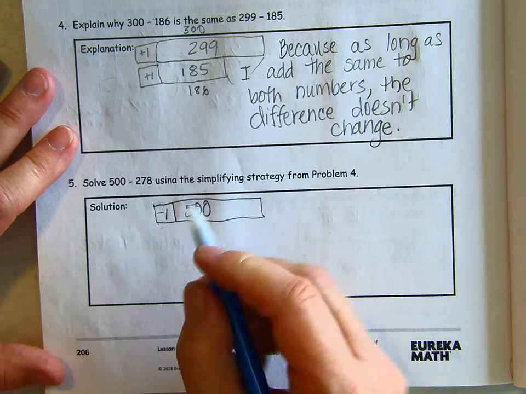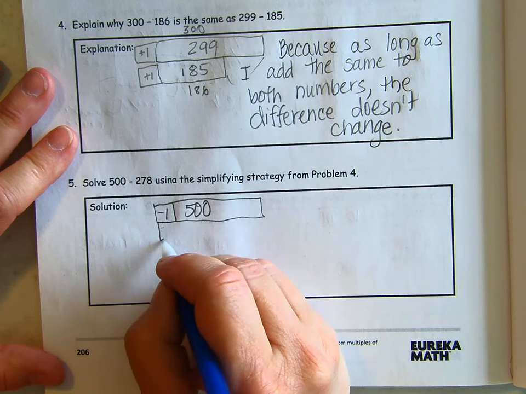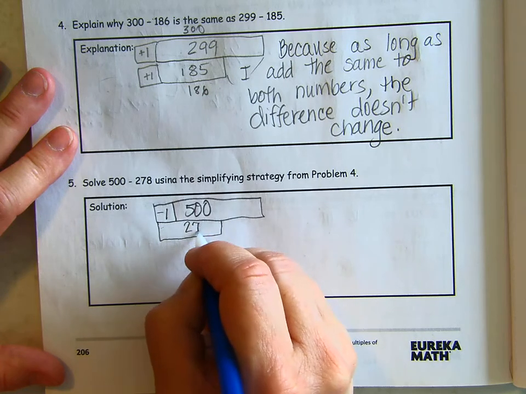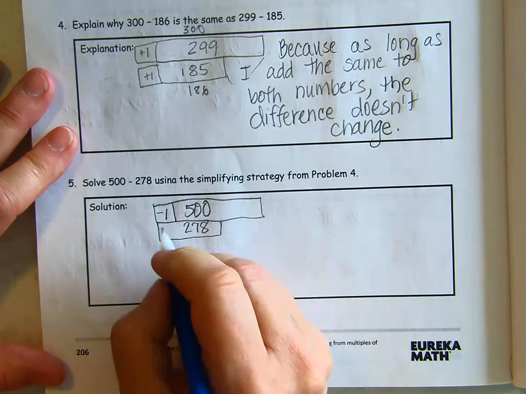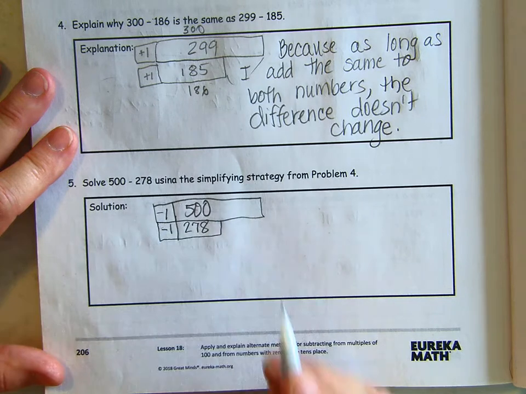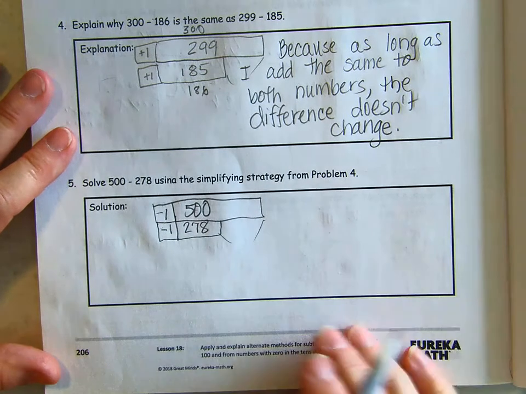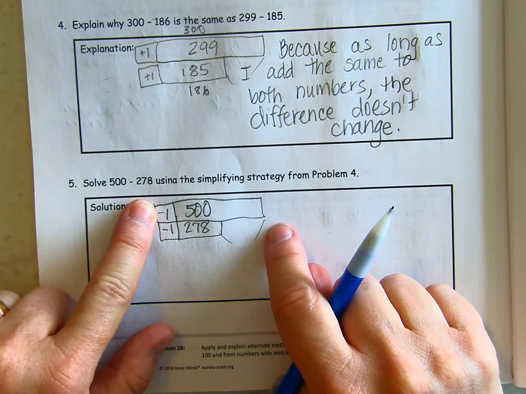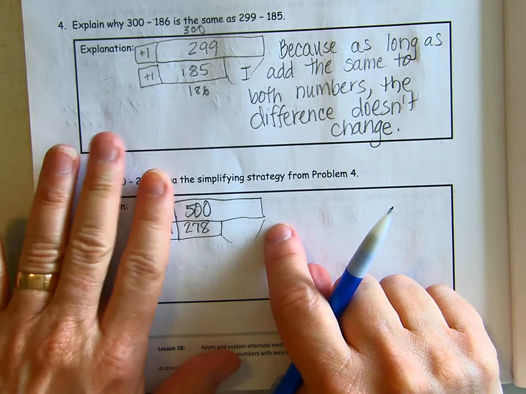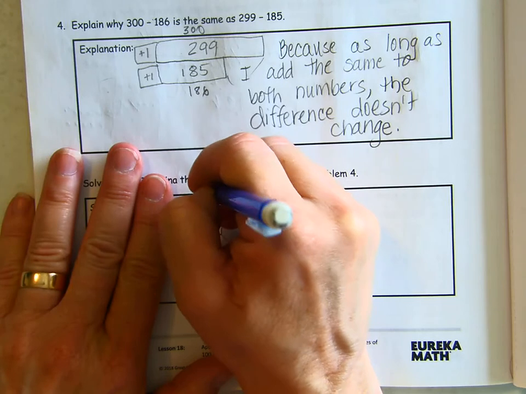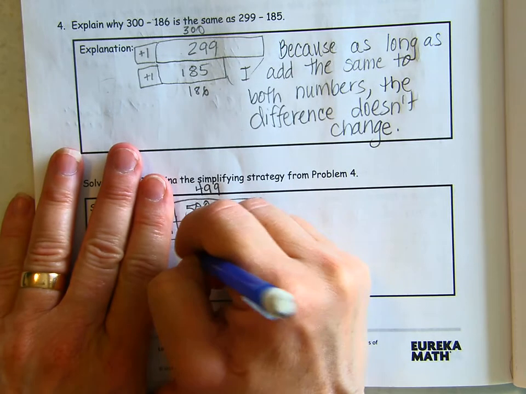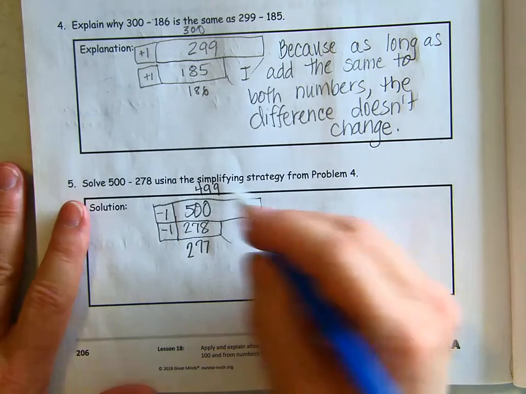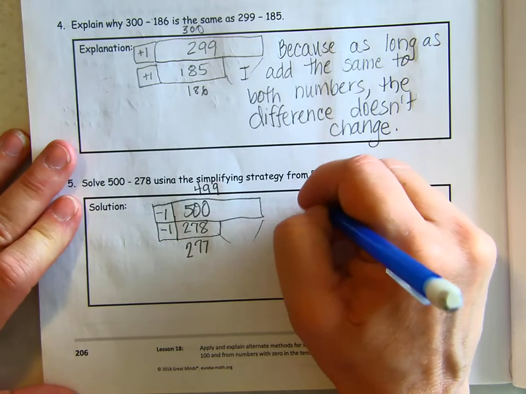So we had 500, and then we had 278. I'm going to take one away from that, and I'm going to take one away from that. Have I changed the difference? No. The difference is the same whether we have 500 minus 278 or we have 499 minus 277. The difference hasn't changed. But boy, is that an easier problem to solve.